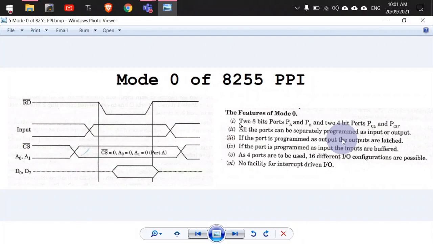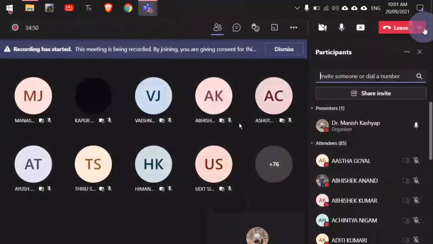I think I had already shown you the picture of the kit that we use in laboratories, and the keyboard that we use there is a 4x4 keyboard, because all we need are numbers from 0 to 9 and A to F, right? So 16 keys are required together with some control keys. So 4x4 is sufficient for that, right? So that's what we are going to see next time, right?